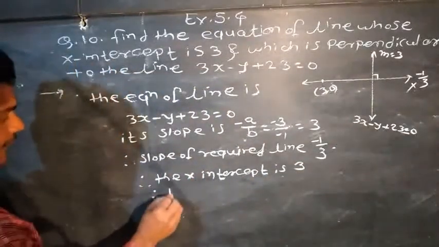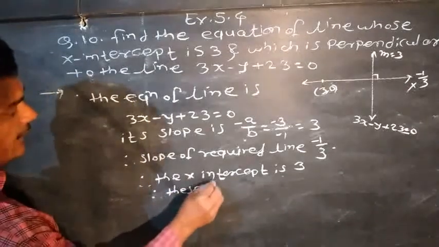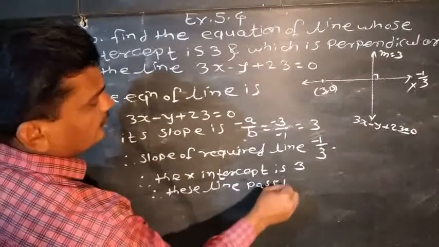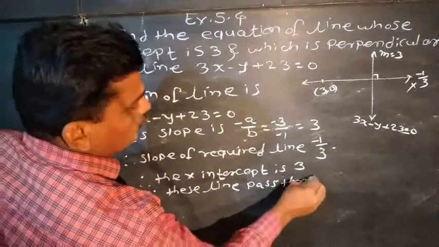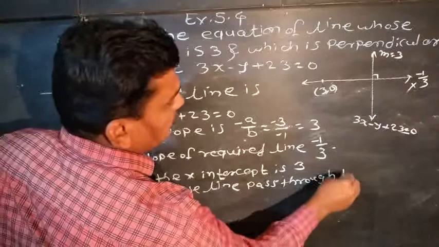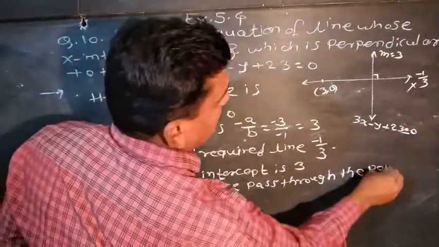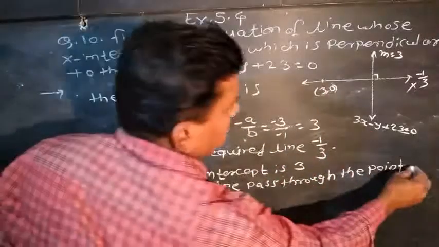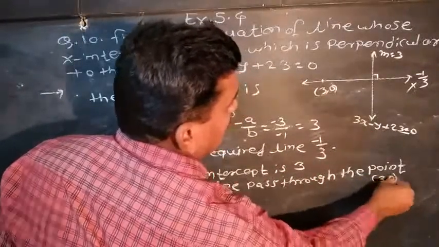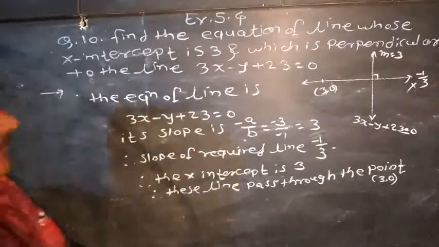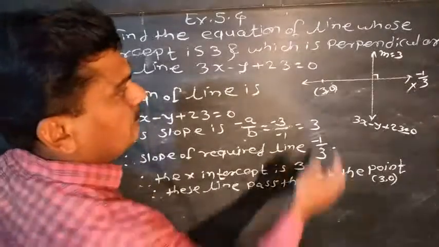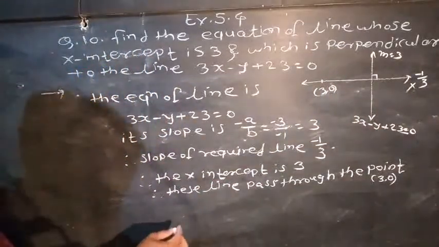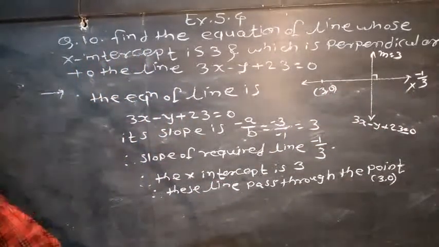Therefore, this line passes through the point, the coordinates are 3, 0. Then use the slope-point formula.